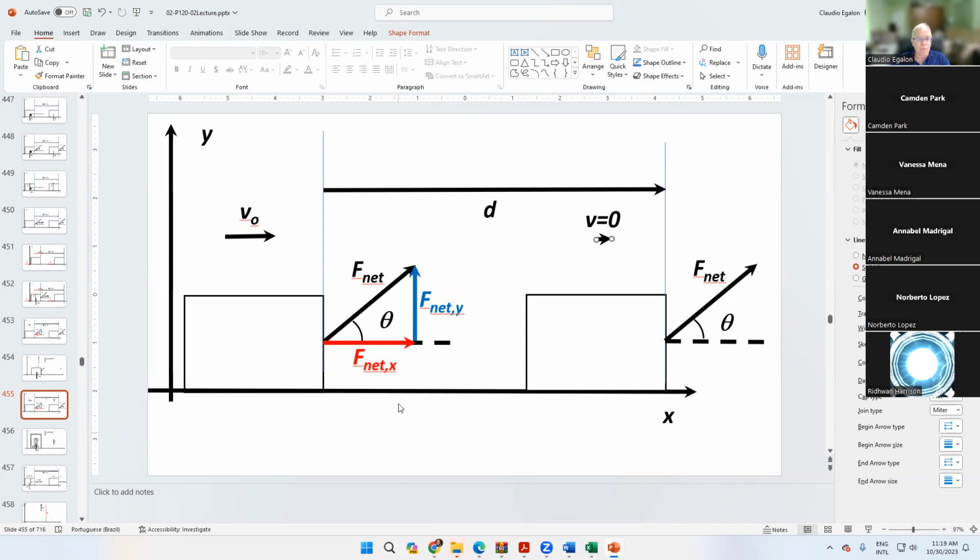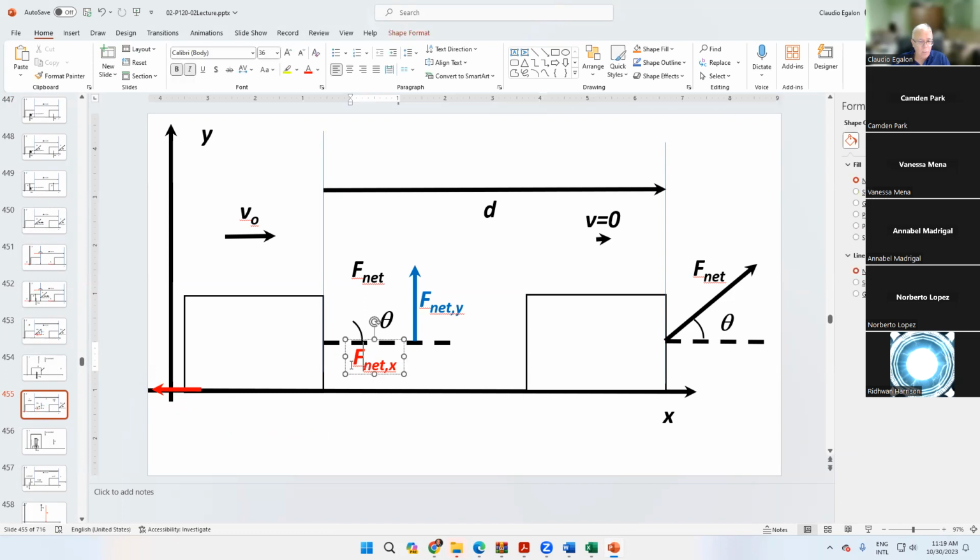We do not have those forces here. The only force that we have is the force of friction, that's slowing down the car. So let's say you slammed on the brakes, right?